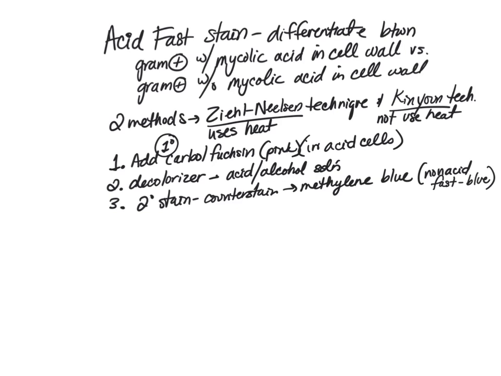All right, so our next type of stain is our capsule stain. Our capsule stain is going to identify whether the organism has a capsule. A capsule can be found in certain bacteria and certain yeasts. A capsule is something that is around the bacteria.